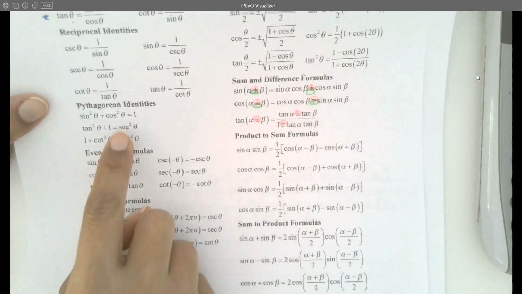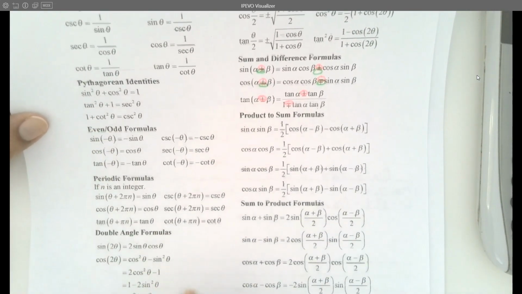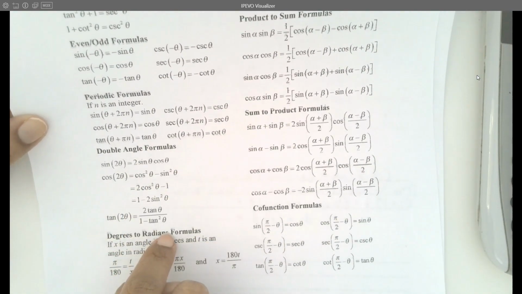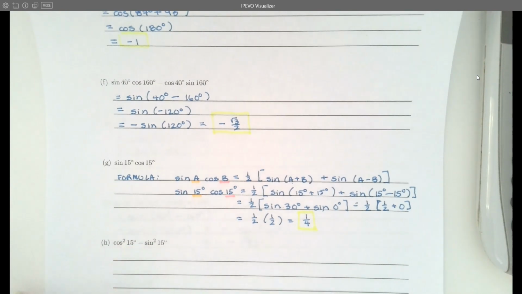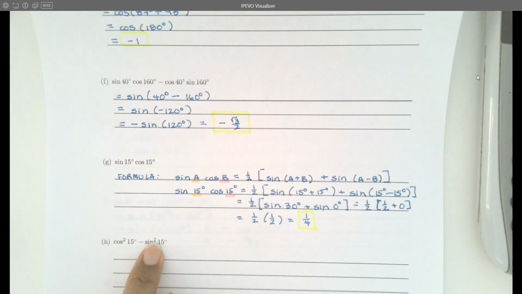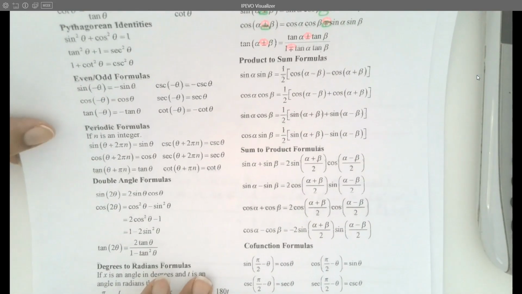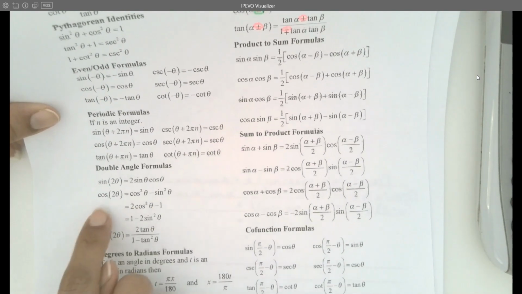We also see Pythagorean identities having some squares in them. And we also have squares in the double angle formulas. The form that we have is cosine squared of one angle, 15, minus sine squared of the same angle, 15. And the one that best fits that form is this double angle formula for cosine.